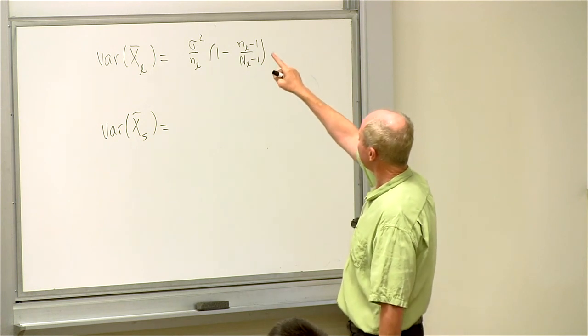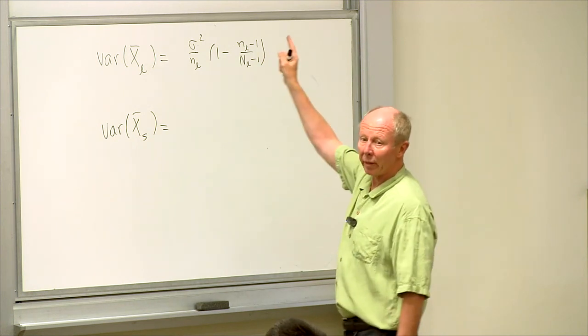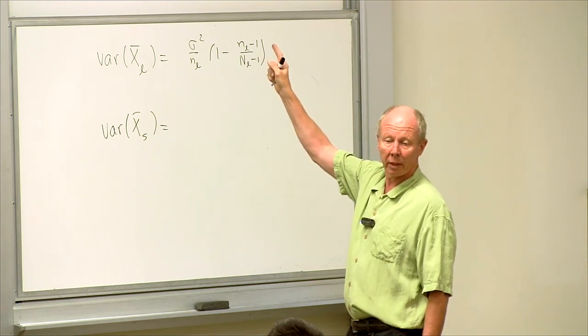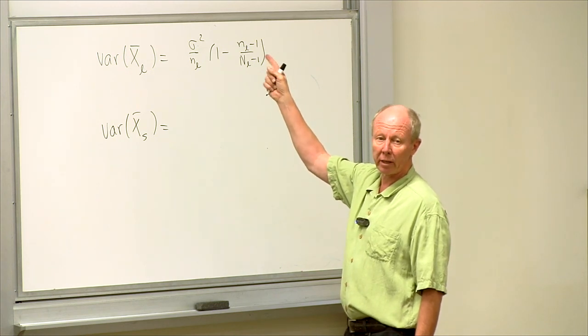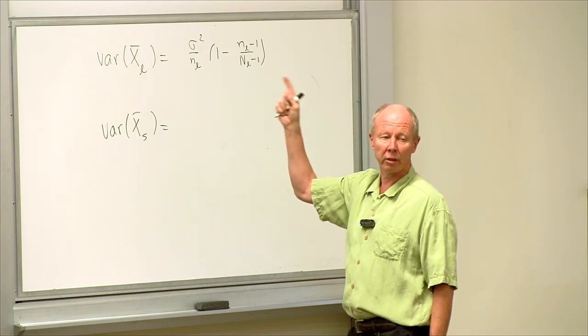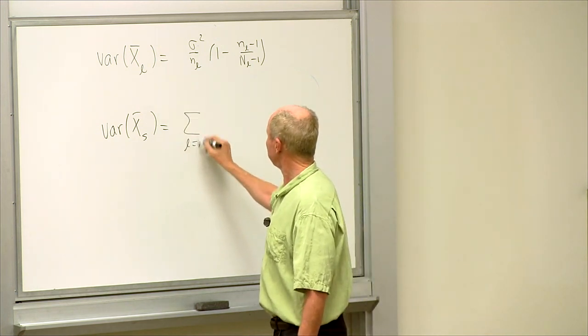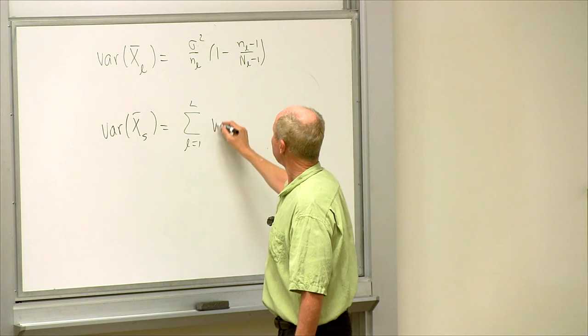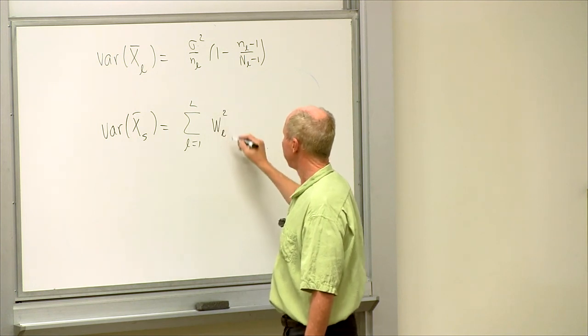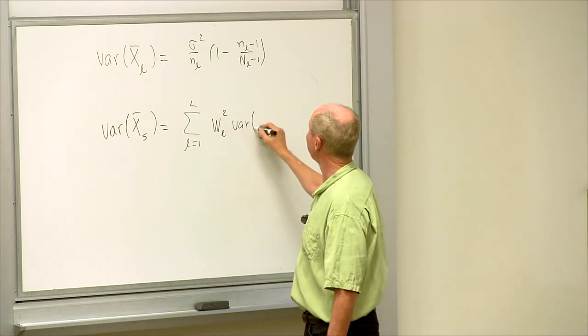So here we have x s bar is a sum of independent random variables. And when you take the variance of a sum of independent random variables, what do you get? You get the sum of the variances. And when I take a constant times a random variable, take the variance, I can pull the constant out and square it.